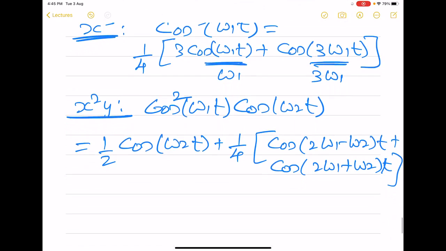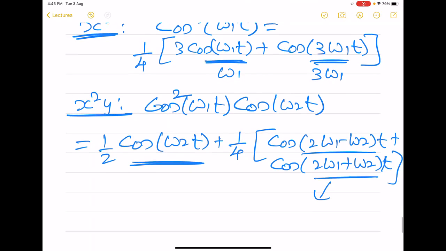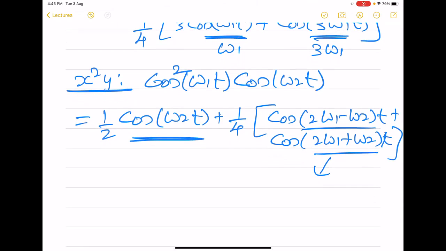So here we are getting the usual fundamental term, but now we are getting frequency components which involve both the input frequency components, and these are also called intermodulation products. But these two frequency components have come into existence because of the cubic term.